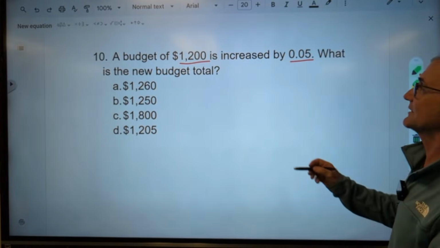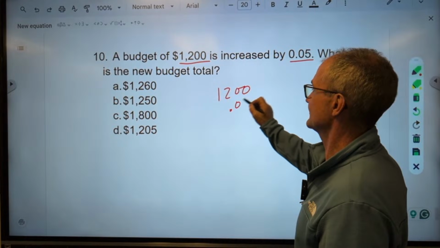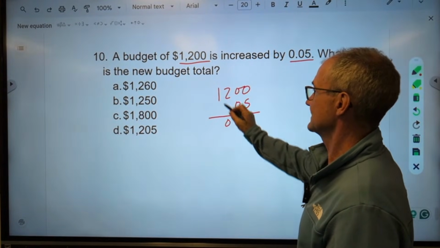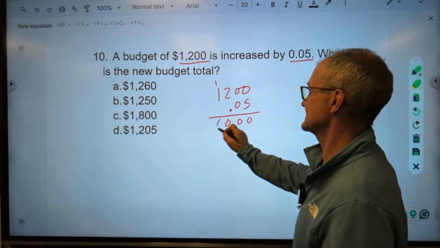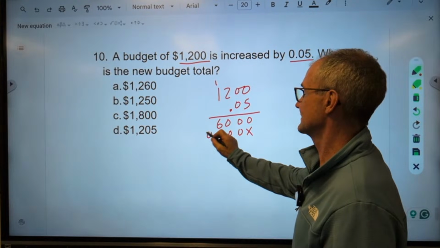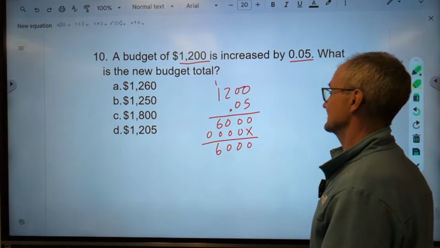If I want to multiply it out, I have 1200 times 0.05, 0, 0, 10. Carry the 1. 5 plus 1 is 6. Placeholder zeros all the way here. I add straight down to get 6,000.